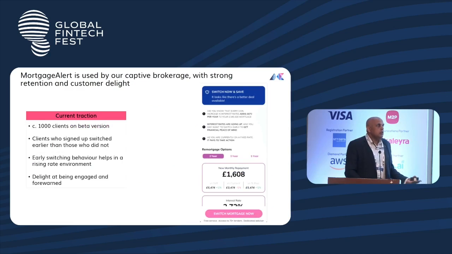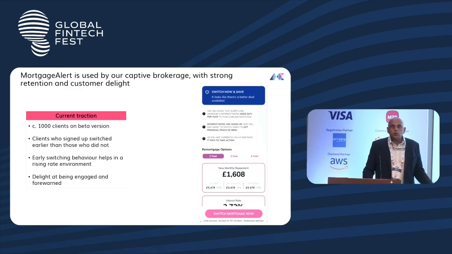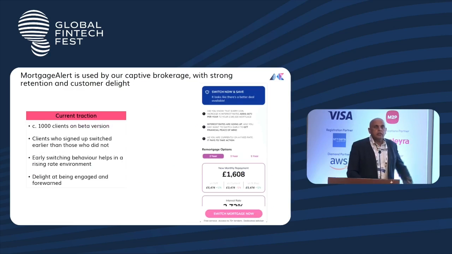We have already used this tool on about 1,000 clients, and we can see a much better retention and engagement with clients who are on the tool.